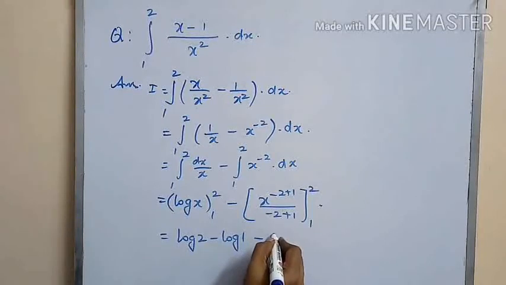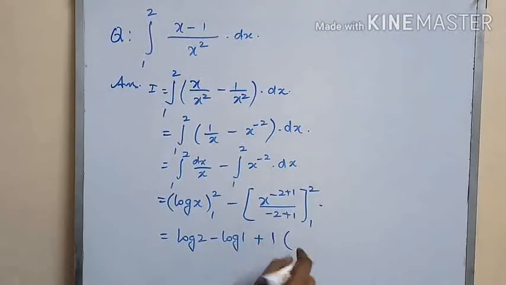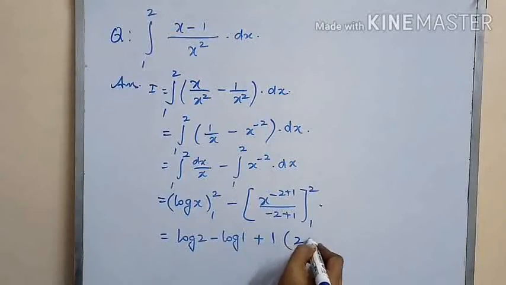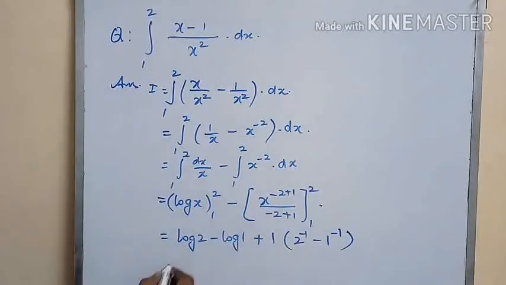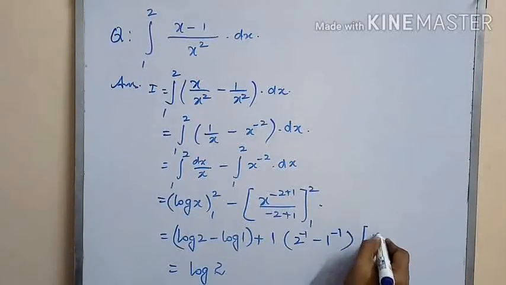Substituting the limits, we get log 2 minus log 1 minus of the minus 1 in the denominator. So we get plus here into, substituting the upper limit, we get 2 to the power of minus 1 minus 1 to the power of minus 1.